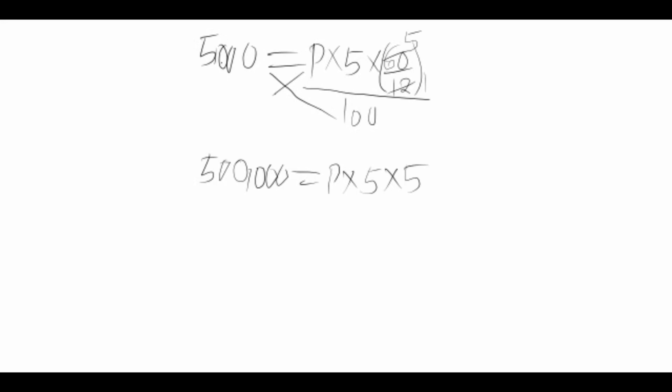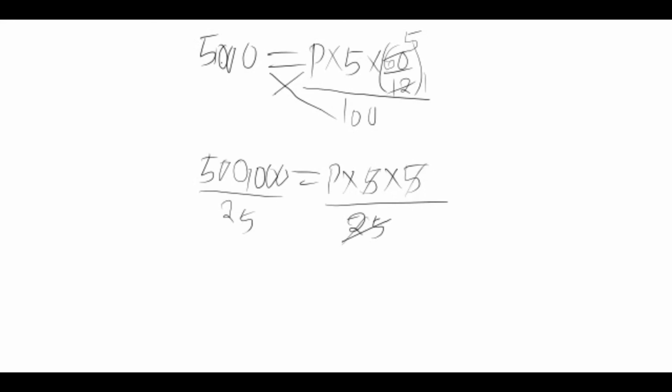Now to remain with P, we are going to divide both sides by 25, since 5 times 5 is 25.